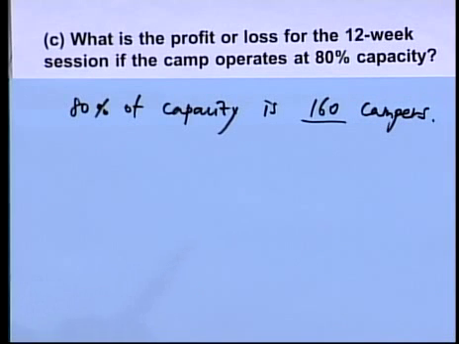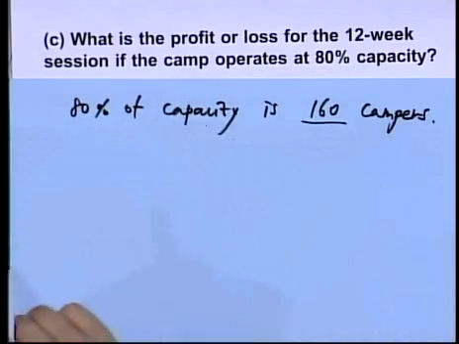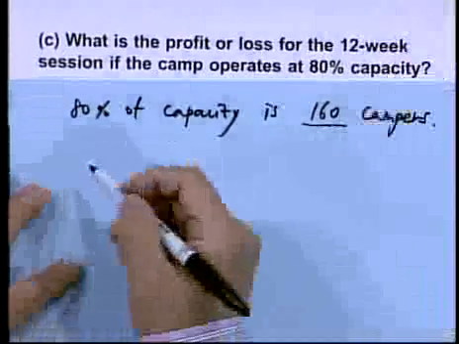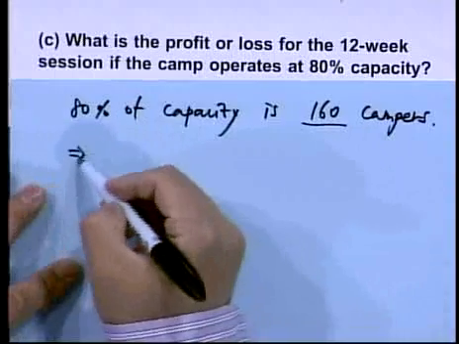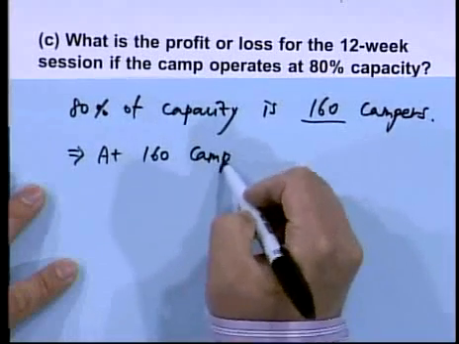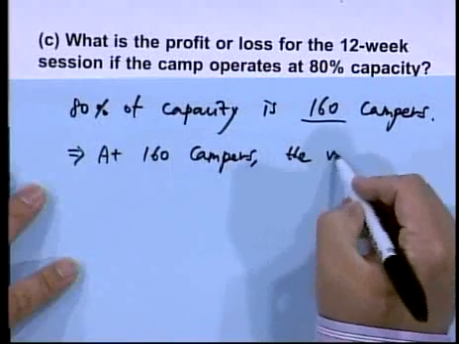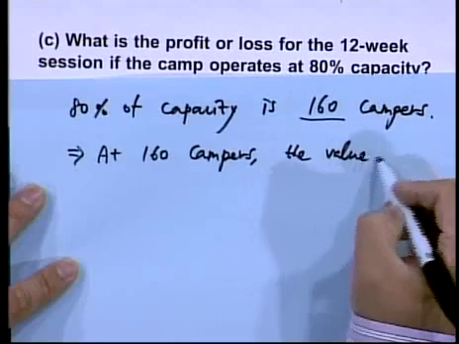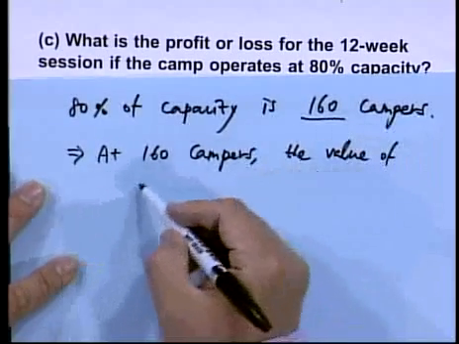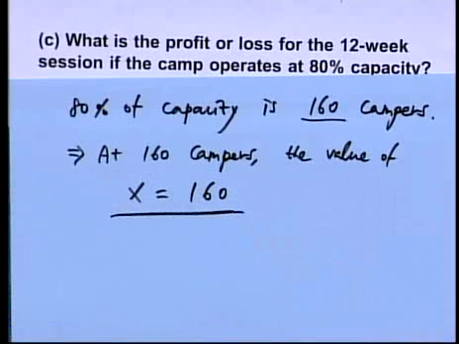So at 160 campers, the value of x becomes 160. The value of X equals 160. Okay?